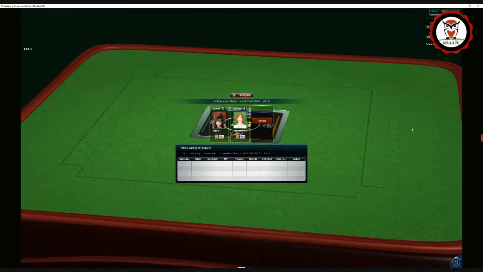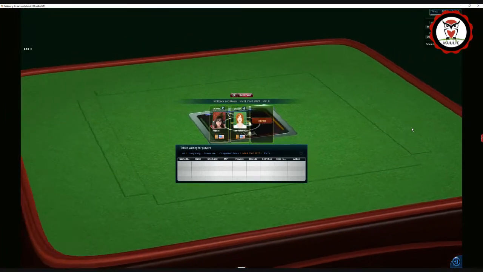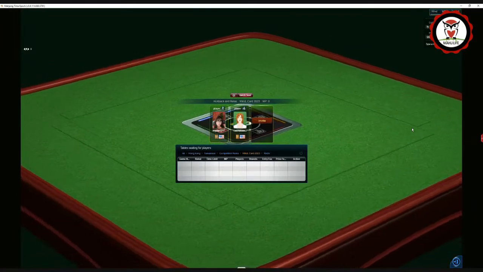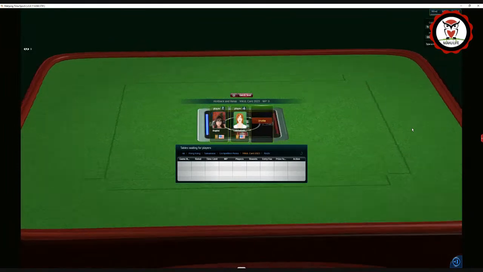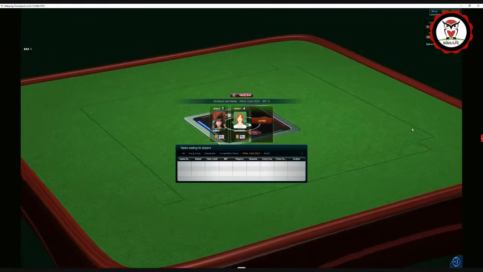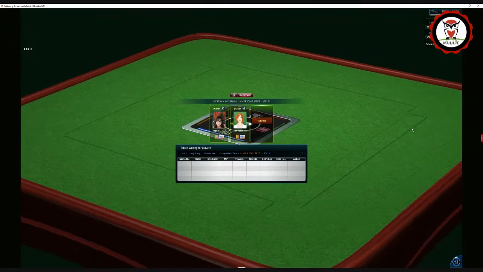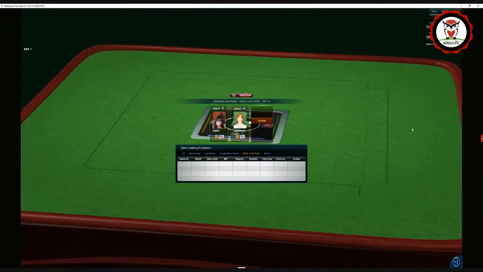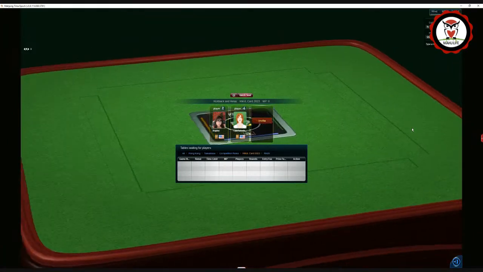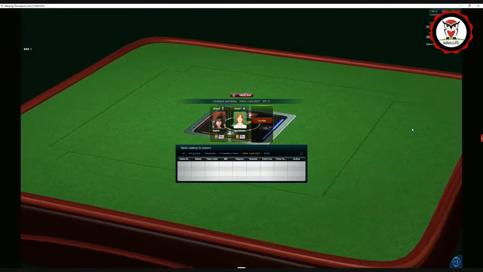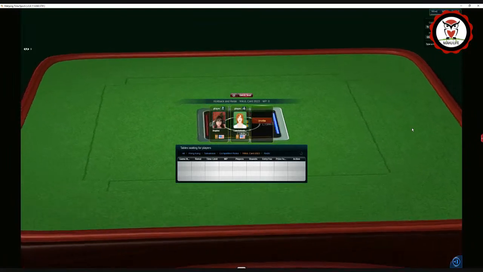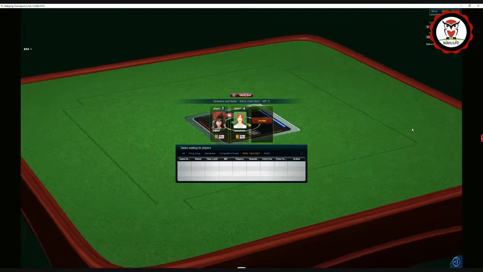Optimize, maximize, streamline. If you use all 3, that's power play. Even if you can use 2 of them, if you can stack 2, that's a power play.